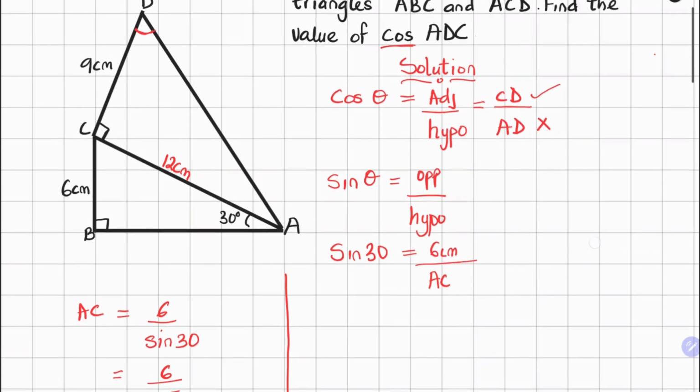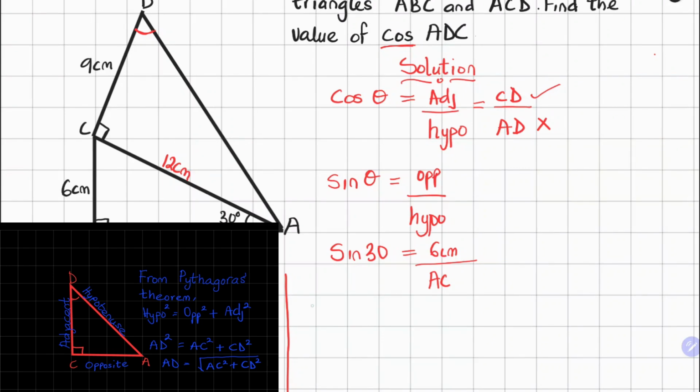How do we find AD? You guessed right. You need to use your Pythagoras theorem, because this is a right angle triangle. By the Pythagoras theorem, the hypotenuse squared, that is AD squared, is given by the opposite squared, which is 12 squared, plus the adjacent squared, which is 9 squared. All right, so AD will be given by the square root of 12 squared.